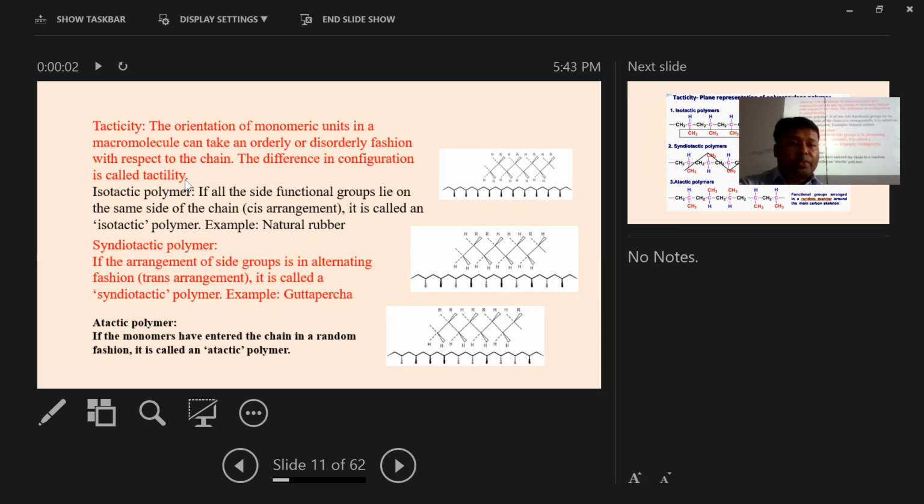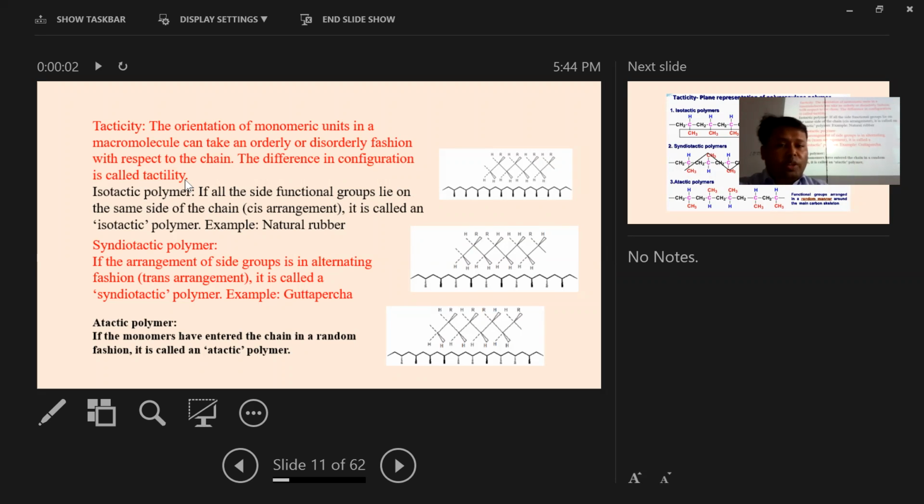So the difference in configuration is called what types of orientation you have. That is an orderly fashion with respect to the chain. Then that is tacticity. The orientation of the monomeric units compared to the chain is called tacticity.